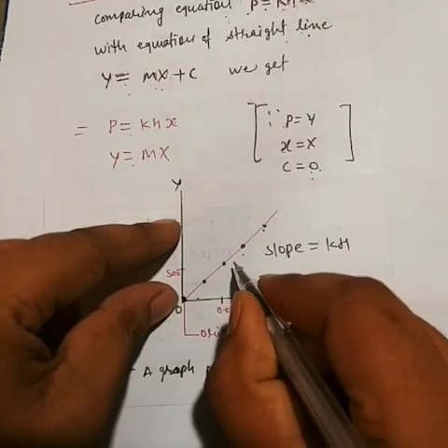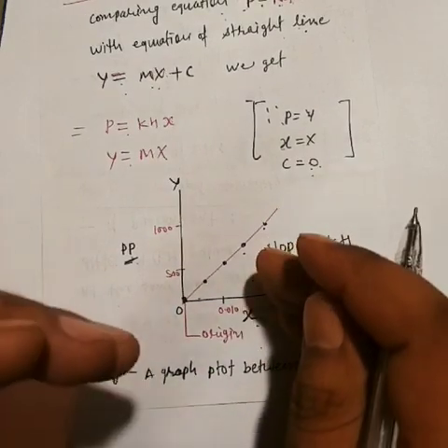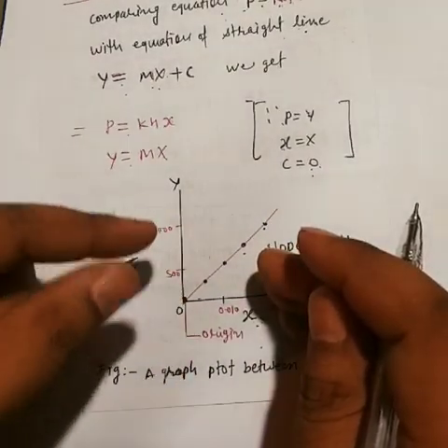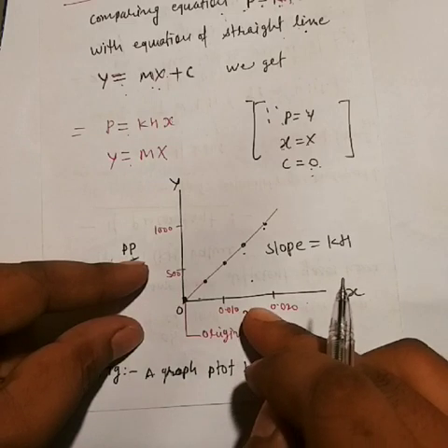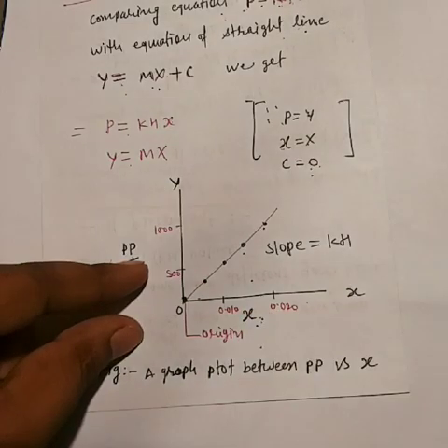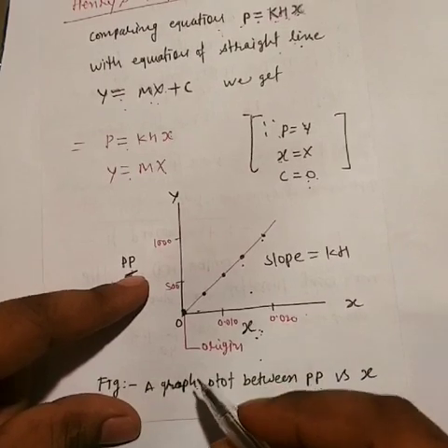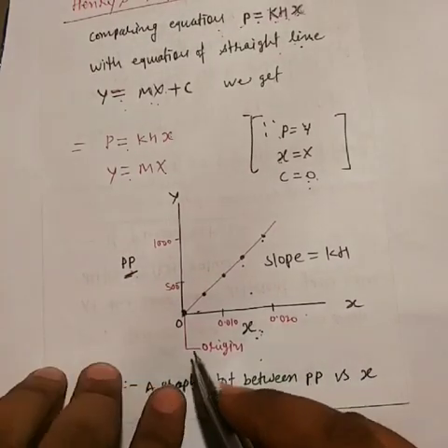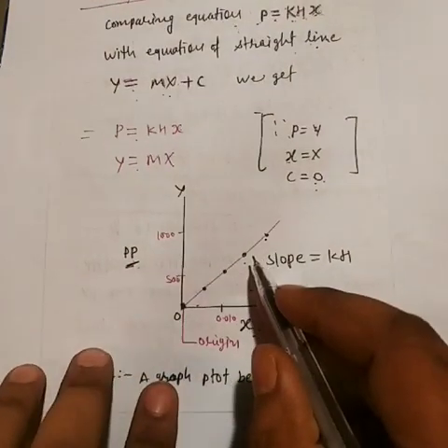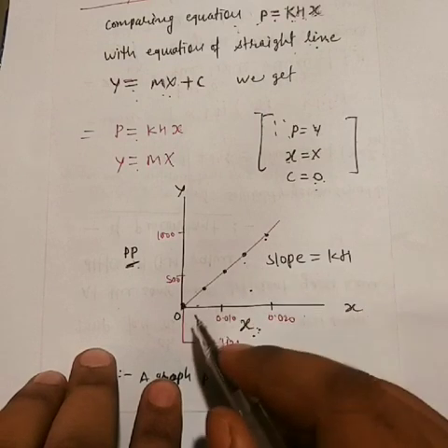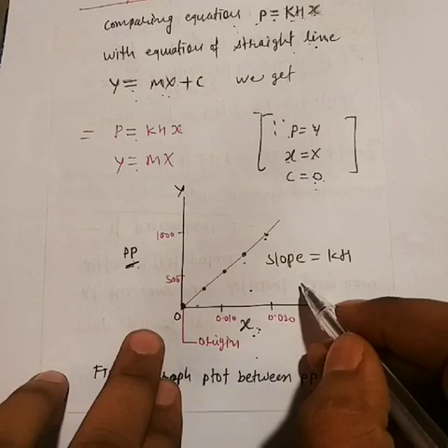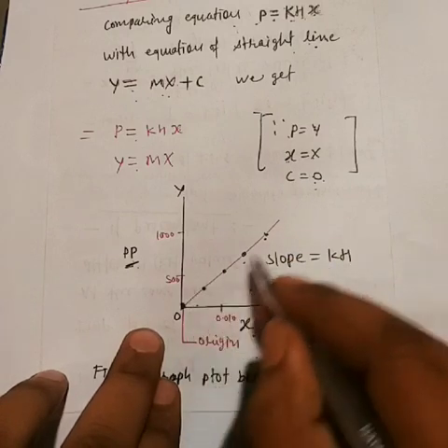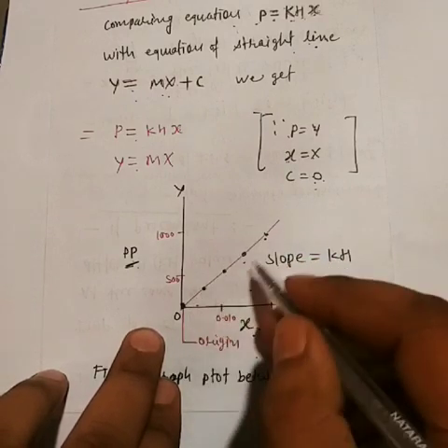जैसे जैसे हम पार्शियल प्रेशर को इंक्रीज करेंगे, वैसे वैसे ही सॉल्यूशन का जो मोल फ्रैक्शंस है वो भी इंक्रीज होगा. That means we get a straight line passing through the origin. So this slope is Henry's law constant, which is represented here.